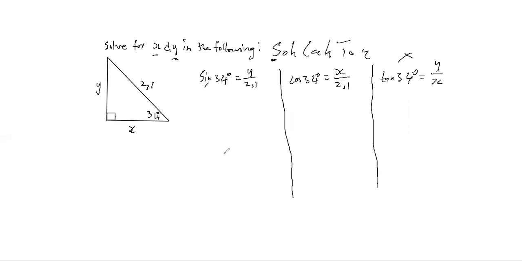Now, the next thing that remains here is to solve for y. Now, we've got y over 2.1 is equal to sine 34. Guys, algebra is there in each and every topic that you're going to discuss in mathematics. Please sharpen your algebraic skills.